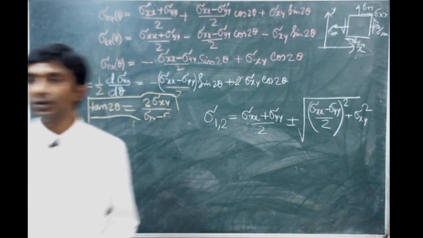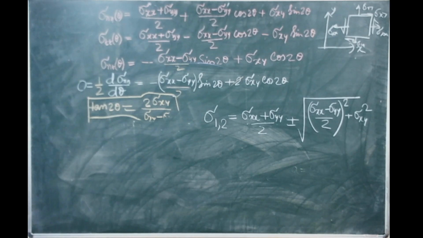So here you get the principal values. It is not difficult; you get this simple expression. The plus and minus correspond to the maximum value and minimum value.